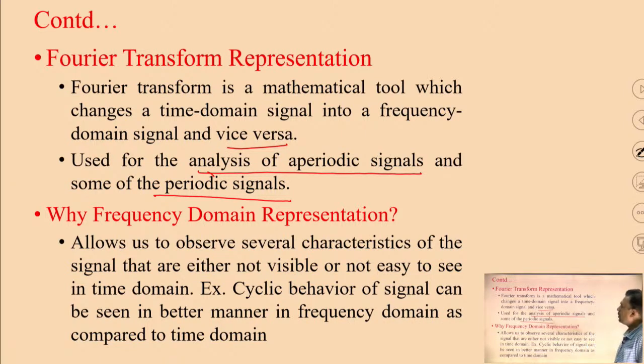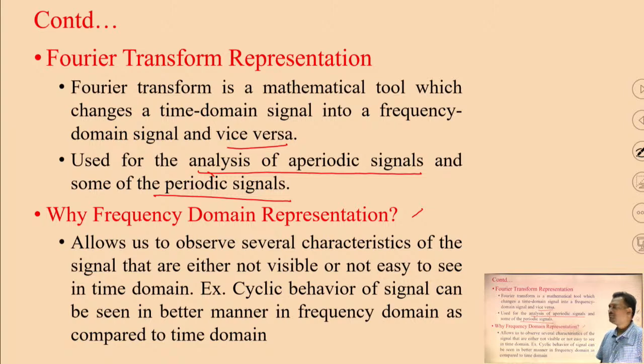Now one of the important questions that comes to mind with the Fourier transform is: why frequency domain representation? Why do we need the information in frequency domain when we already have it in the time domain? When we see a signal in time domain, it may be that we cannot analyze the signal completely.